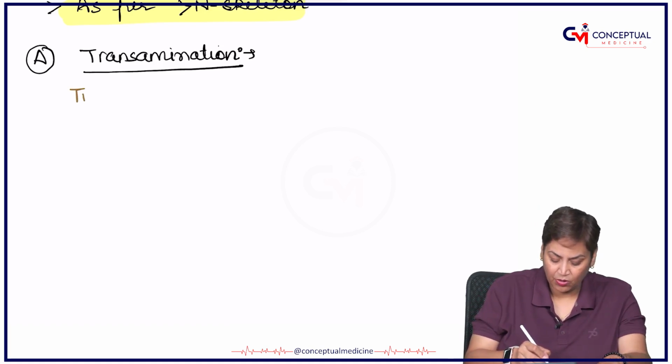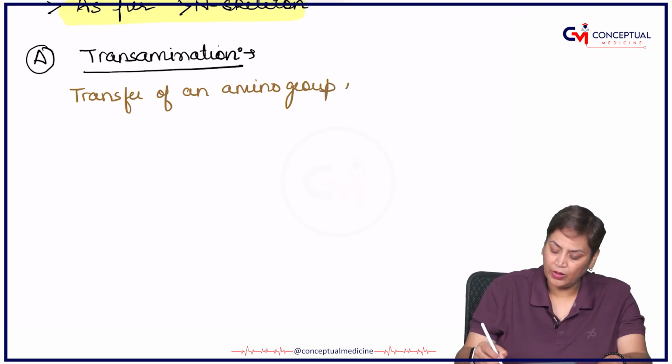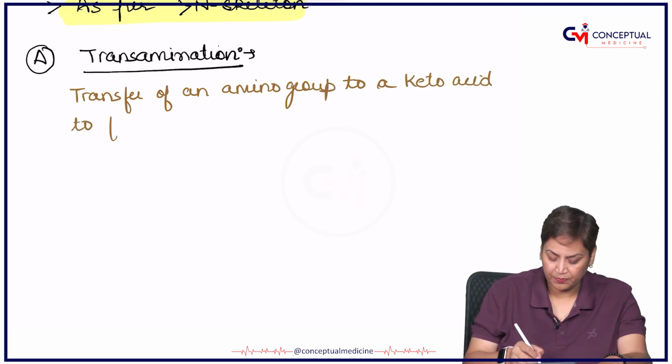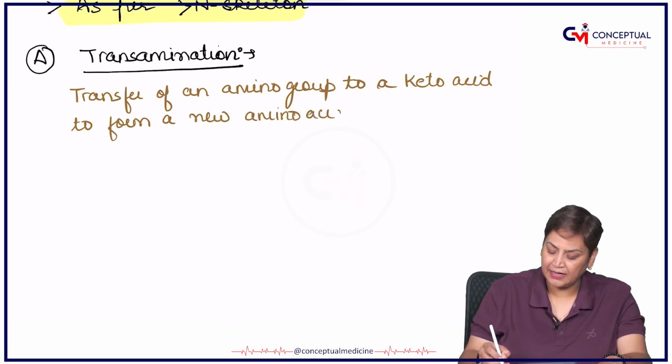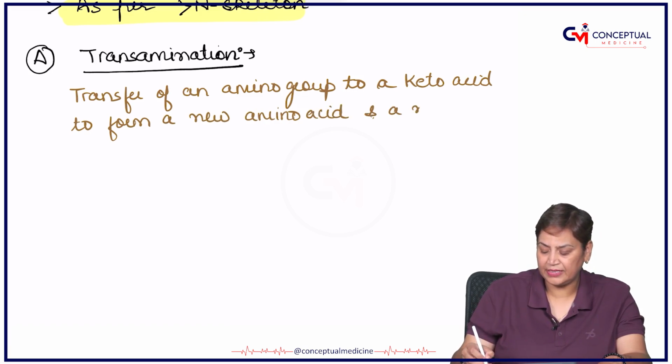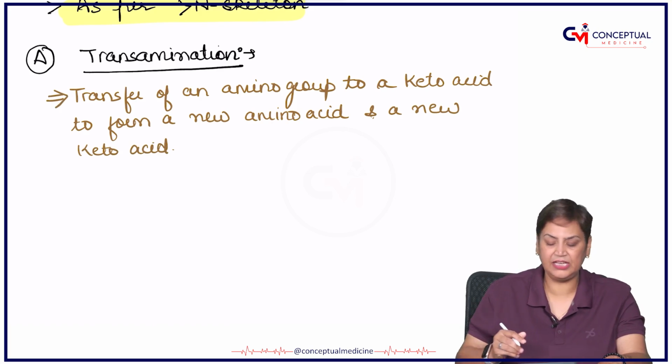So, transfer of an amino group to whom? To a keto acid. So, what will be produced? A new amino acid and a new keto acid. Right. So, this becomes the definition of transamination.